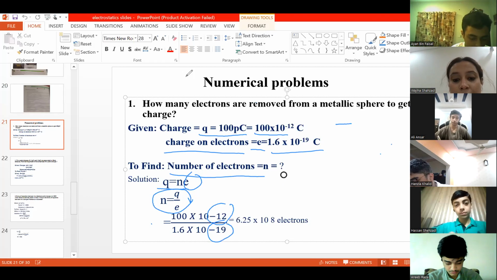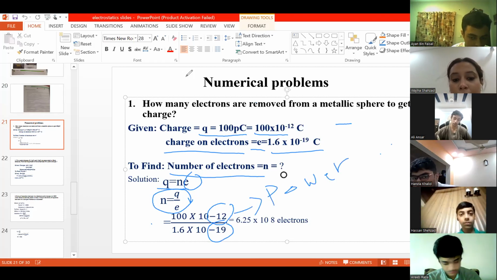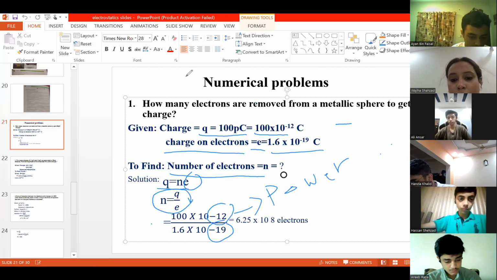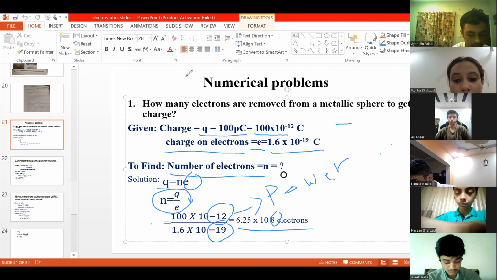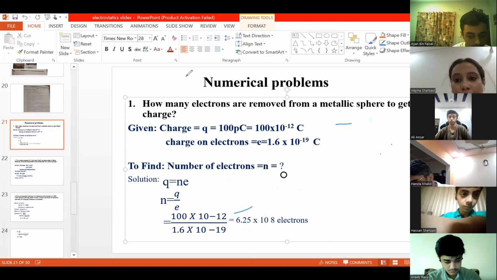Minus 12 and minus 19 are the powers. After calculating with the help of a calculator, you will get 6.25 into 10 raised to power 8 electrons. This 8 is also a power. This is problem number 1.